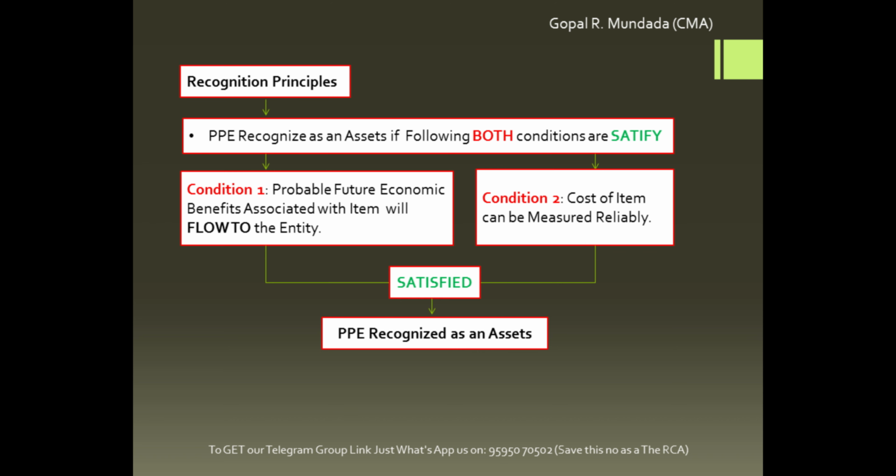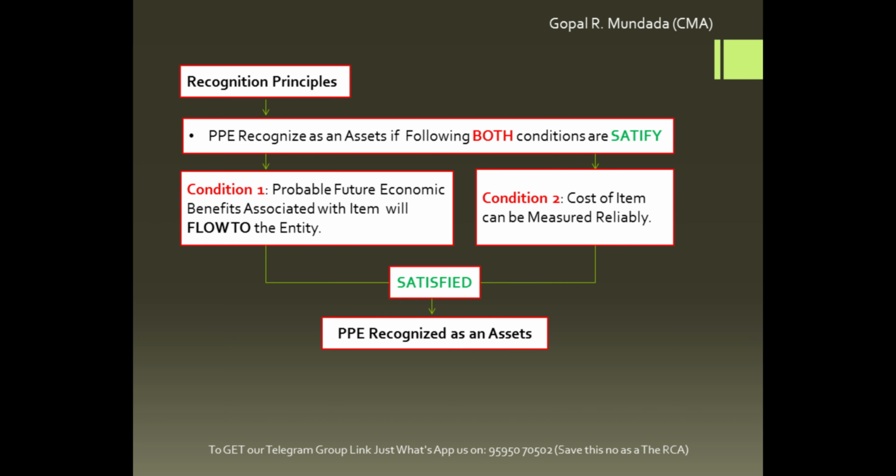So guys, by using that asset I can gain probable future economic benefit. And the second condition is that the cost of the item can be reliably measured. So we have the purchase price of the machinery, transportation cost of the machinery, installation cost of the machinery, trial run cost of the machinery, and other safety measures installed for the operating of the machinery.